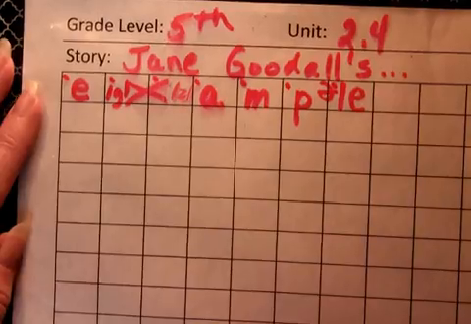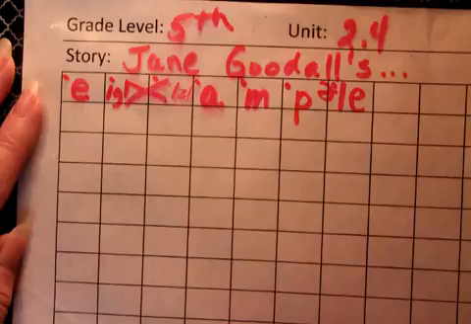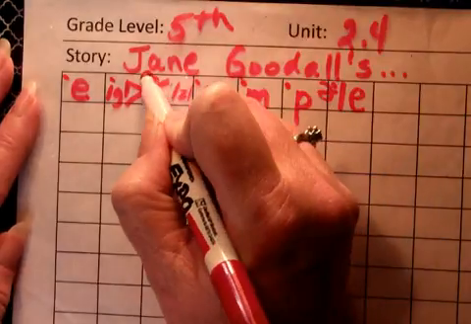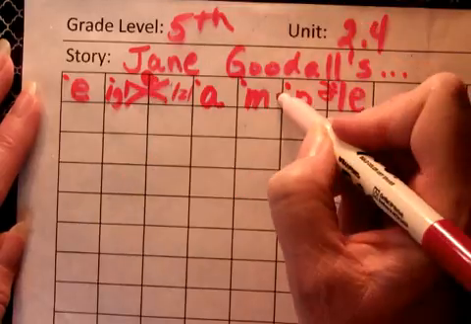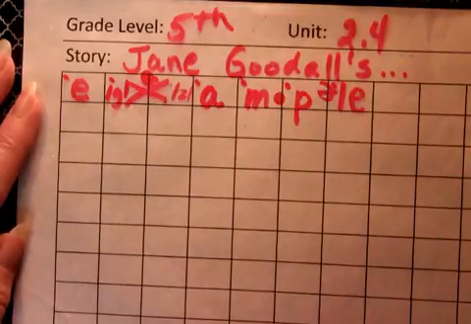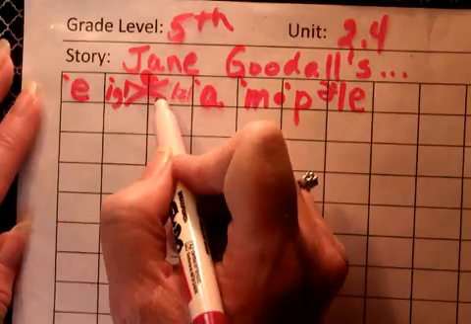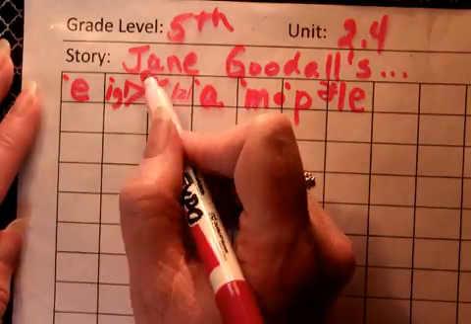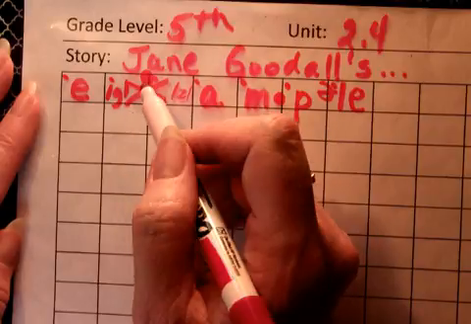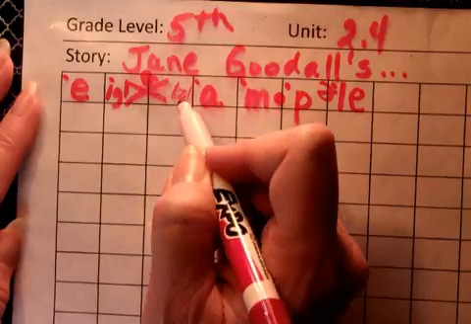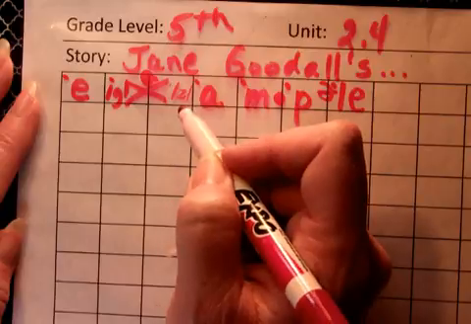Example. Now if we clap it out, that's a 3-syllable word. Egg, zam, pull. This is a closed syllable. I don't know why, but in all of the dictionaries, the G and the Z are separated into two separate syllables.